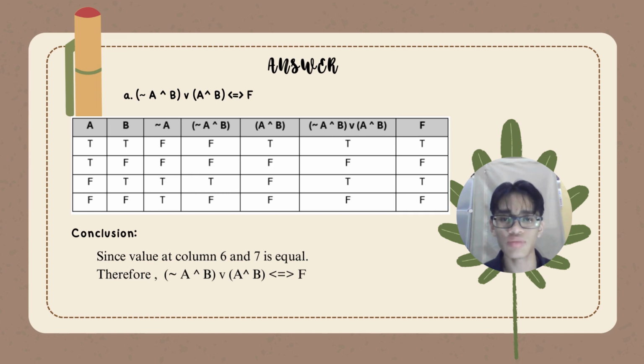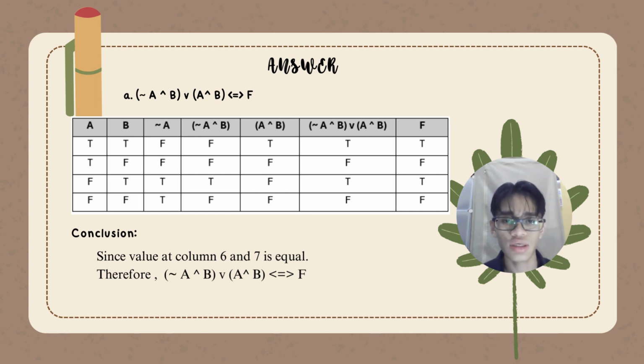Fifth column, A and B, conjunction, also it will return true, false, false, false. Sixth column, not A and B or A and B. We take the truth value from the fifth column and also from the fourth column and disjunction them, so it will become true, false, true, false.